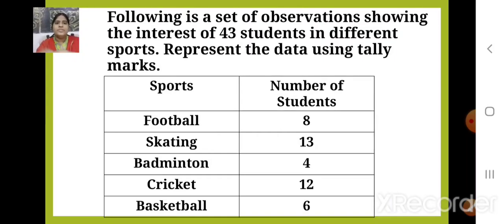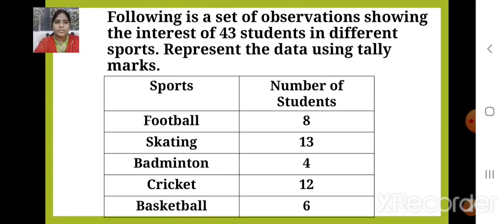Different sports are given: football, skating, badminton, cricket and basketball. 8 students like football, 13 students like skating, 4 students like badminton, 12 students like cricket and 6 students like basketball. We have to represent this data using tally marks.